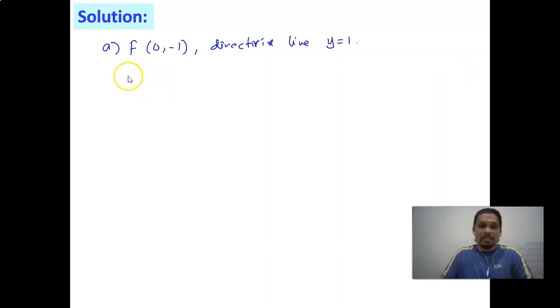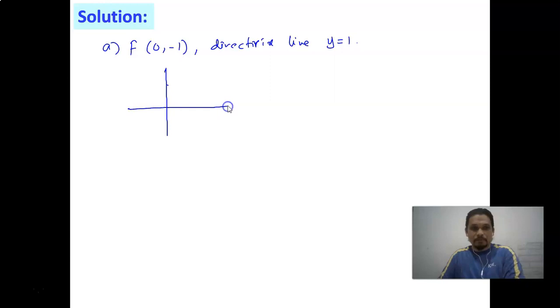Okay, so let's sketch it so we can see clearly the picture of this graph. The focus is (0, negative 1), so this is the focus at (0, negative 1). And then the directrix line is y equal to 1.